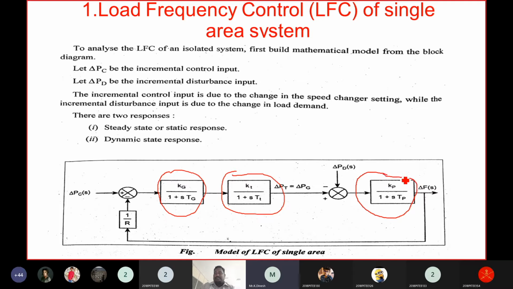I'm going to play with these parameters, the two inputs: one is your incremental control input, del PC of S, and the other is your incremental disturbance input, del PD. For both cases, I'm going to consider the control input, and I'm going to analyze the system with the disturbance. For both cases, I have to analyze.